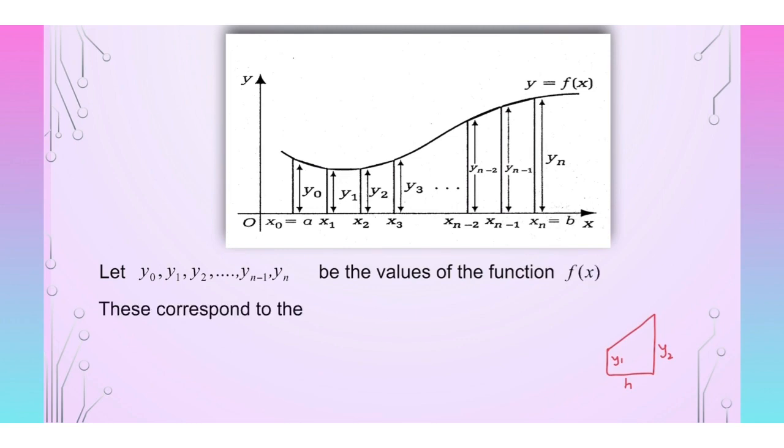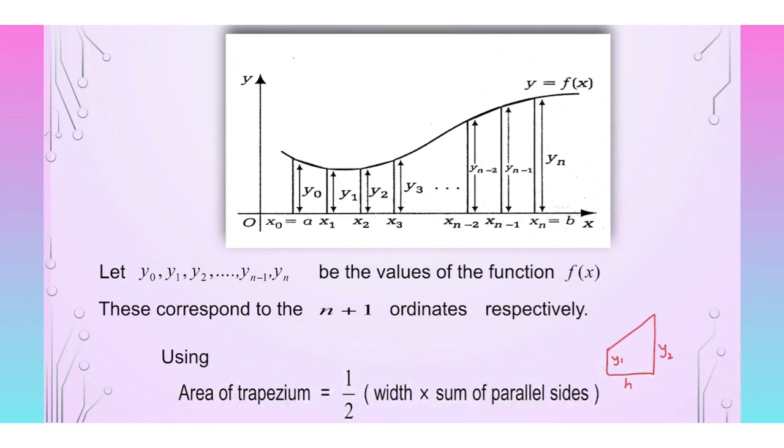This corresponds to the n plus 1 ordinates respectively. Using the area of the trapezium, which equals half times width times the sum of the parallel sides.